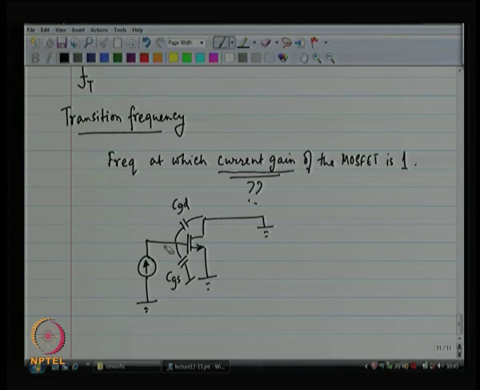Right. So, it is not really an open circuit. Okay. So, I am pushing a current into the gate of the MOSFET, and the question is how much current does this MOSFET generate?